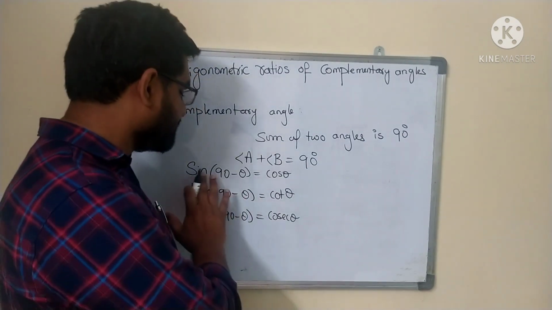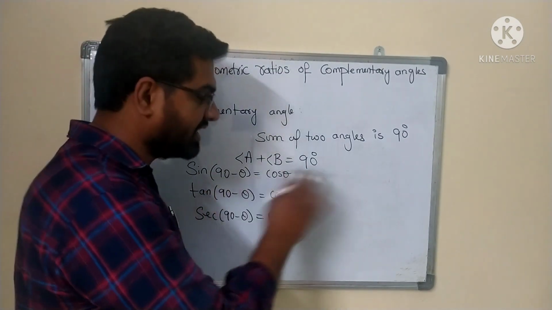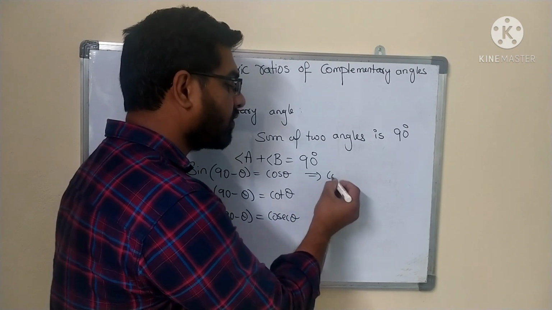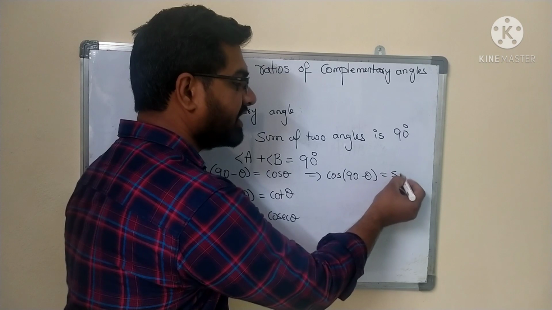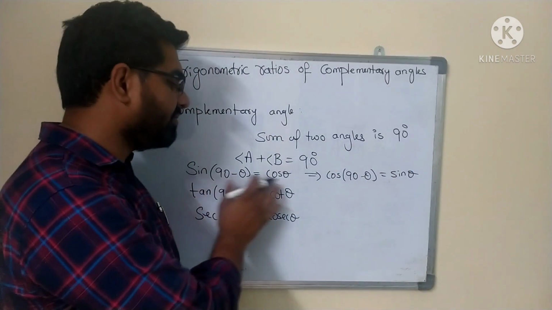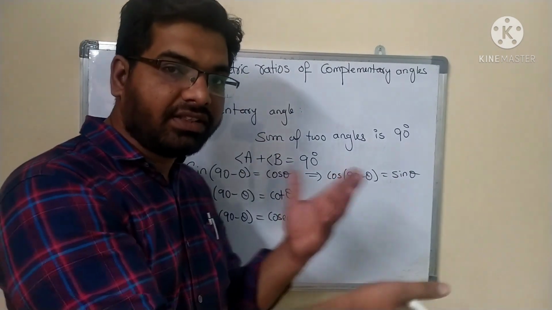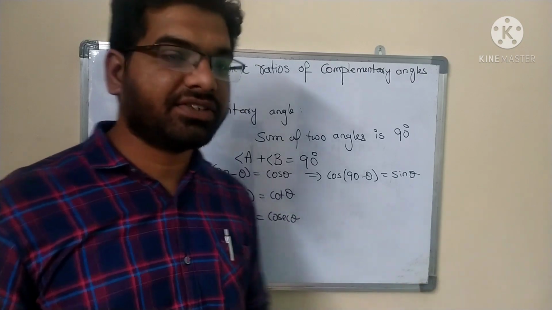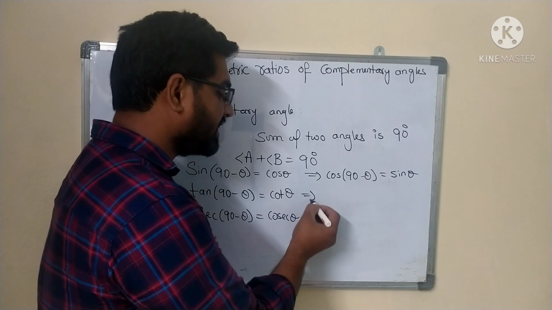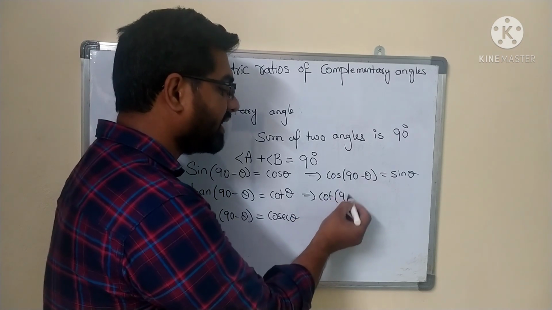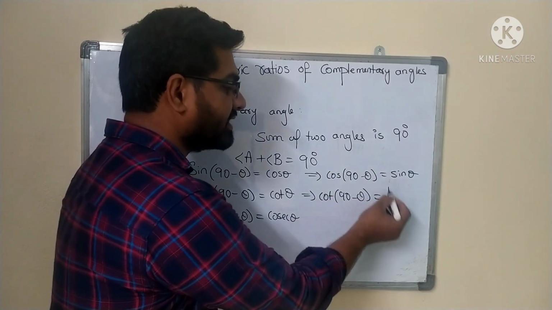They are changed. Example, sine of 90 minus theta is equal to cos theta. Then in reverse, cos of 90 minus theta becomes sin theta. यानी अगर sin of 90 minus theta is equal to cos theta होता है, then again cos of 90 minus theta becomes sin theta. Tan of 90 minus theta is equal to cot theta. Then cot of 90 minus theta becomes tan theta.